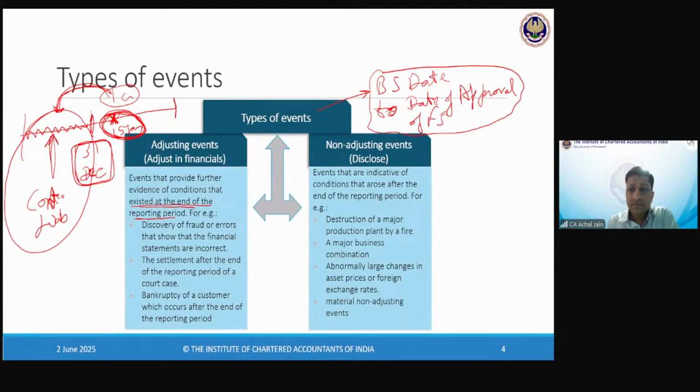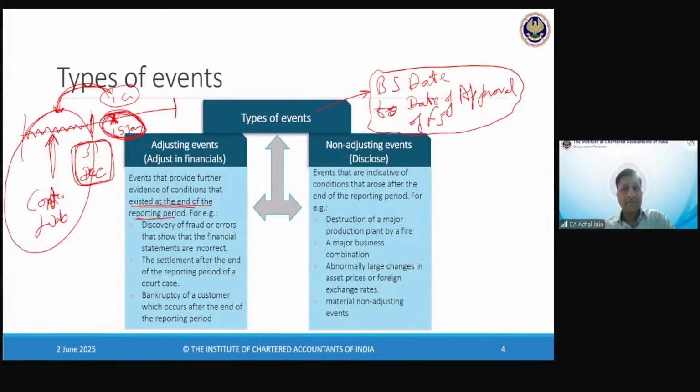So those conditions, whether there is a chance of winning or losing, that is the condition. No, the condition is the matter itself. Condition is not about there is a chance of losing or there is a chance of winning or not having any clarity. That is not the condition. The condition is that this matter which has come up, which the company has lost, whether this matter existed before the balance sheet date or not. That is what you call as evidence of conditions.